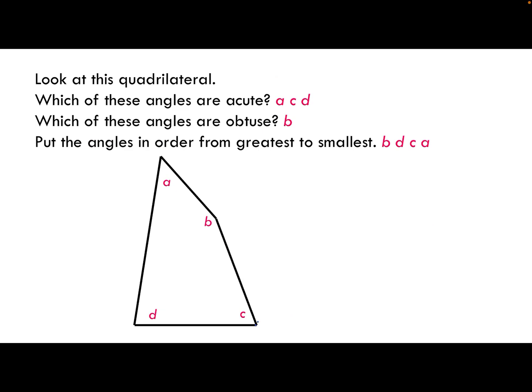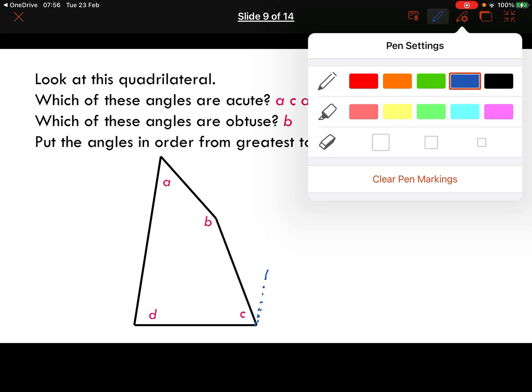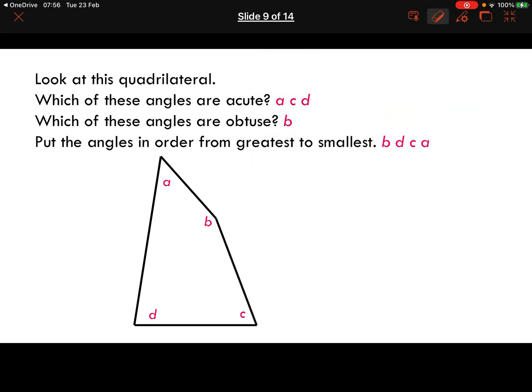So, angles are acute. We can put roughly, well, that's a bit off, roughly 90 degrees there. That's really off. That's not anywhere near 90 degrees. Here we go. That is 90 degrees. That is 90 degrees. Roughly 90 degrees. And that is 90 degrees from this one here.